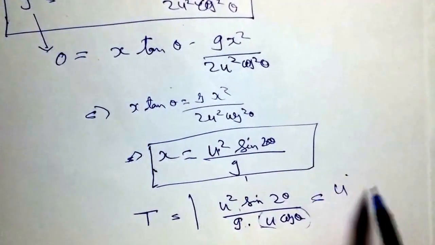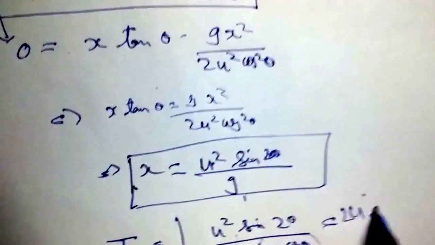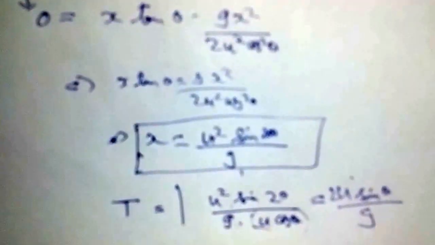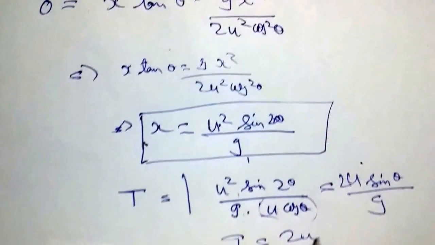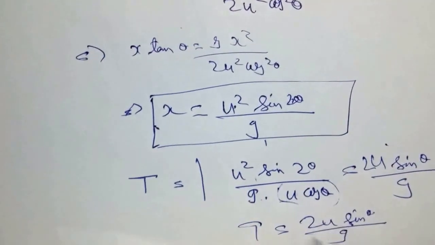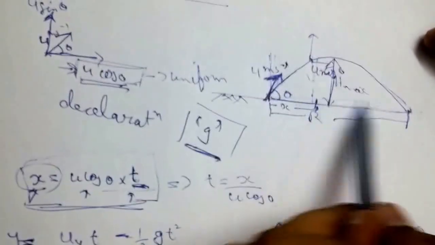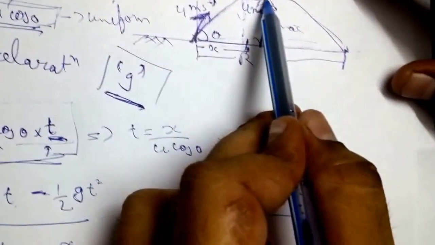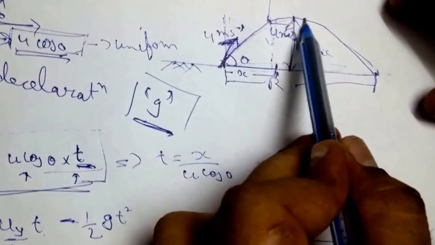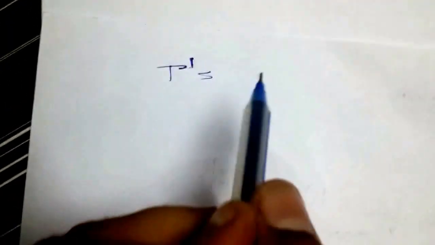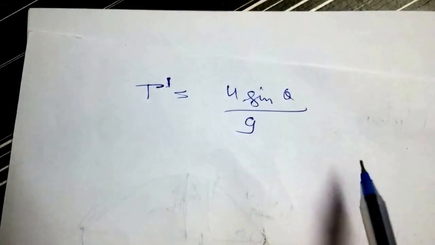So you will get 2u sine theta by g. So t is 2u sine theta by g, that is the time required to cover the total distance of the motion, that is the time required to go to the maximum vertical height and the time required to come back. So now I can say that the time required to reach the maximum height would be u sine theta by g.